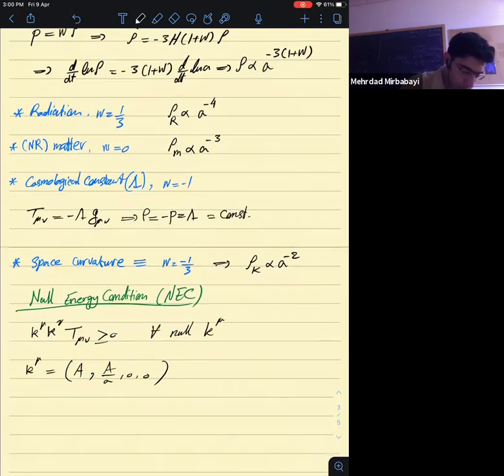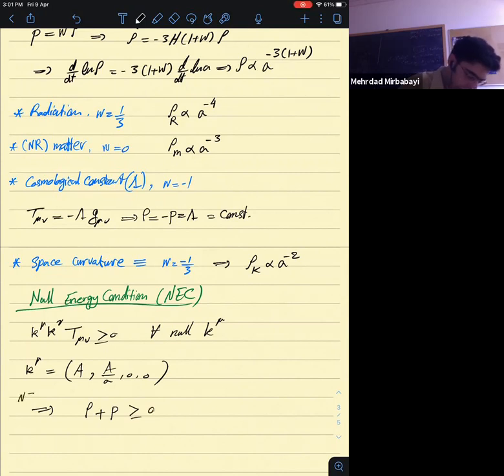Now if I multiply this with the energy momentum tensor of a perfect fluid, what I will get is that I should have rho plus p larger than or equal to 0.